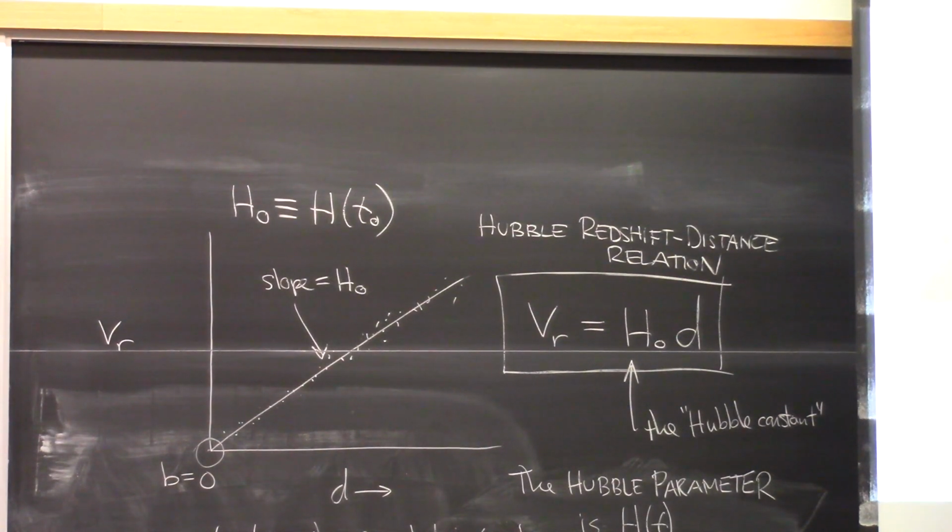It's constant in space, and H naught, the Hubble constant, is its current value, and the time variable H of t is the Hubble parameter. So in other words, the Hubble constant is the current value of the Hubble parameter, is what it comes down to. Does that make sense?